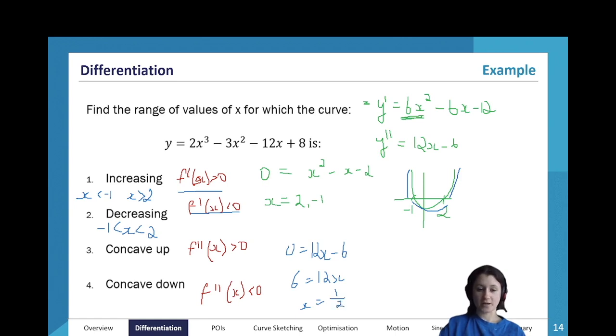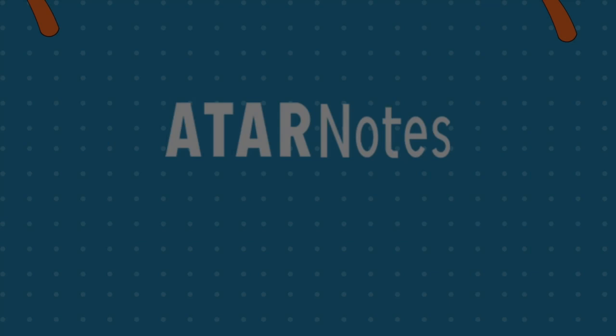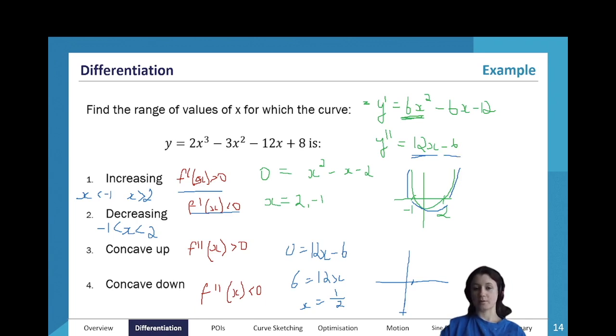Now, instead of again doing the table of values, we can actually just sketch out what this curve would look like, because we know that this curve has a positive gradient of 12. We know that the x-intercept is at a half, and we also know that it has a y-intercept of negative 6. Remember, the constant at the end of a linear curve tells you the y-intercept.